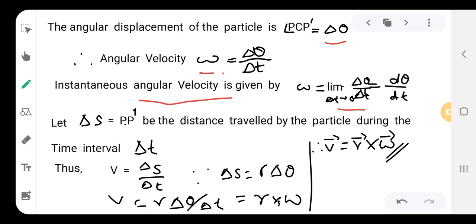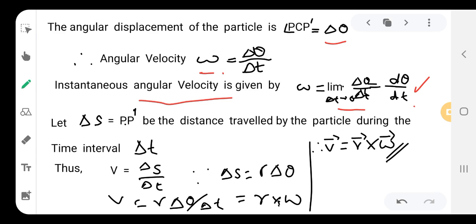From motion in a straight line, we have seen how we take the instantaneous velocity, the limiting value. So limit of delta t tends to 0, delta theta by delta t, which is equal to d theta by dt.